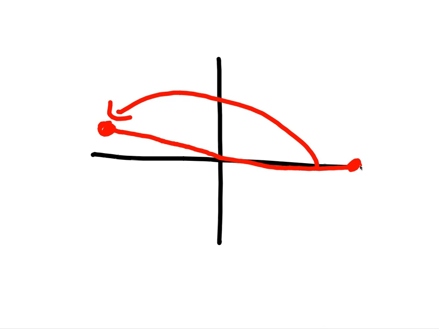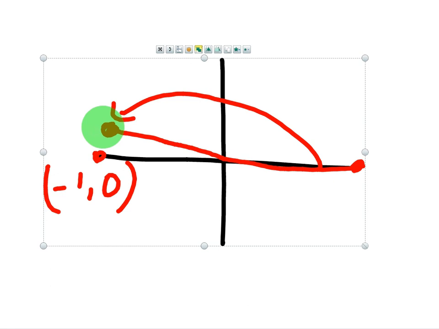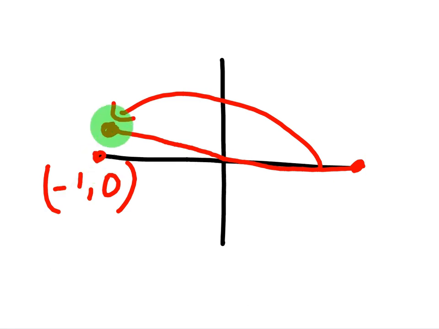Now we know that the point on the unit circle here is negative 1, 0, and we know that cosine is indeed the x value. So it only makes sense that the number we get back is very close to negative 1. So again, cosine of 11 pi over 12 is very close to 180 or pi, and we would expect our answer to be very close to negative 1.